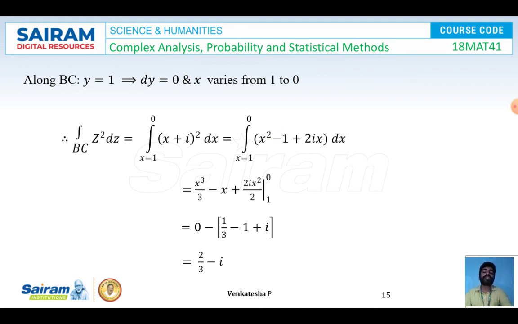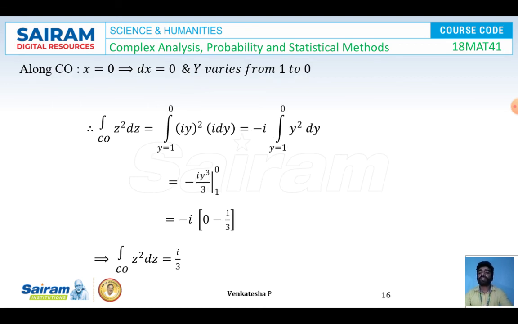So it will become x cube by 3 minus x plus 2ix square by 2 with the limit 1 to 0. After applying the upper limit, it will become 0. For the lower limit, it is minus of (1 by 3 minus 1 plus i). So I got the value 2 by 3 minus i for this region.